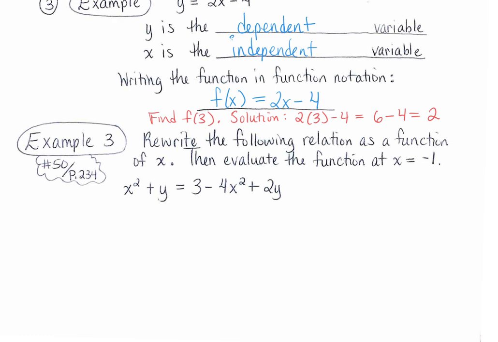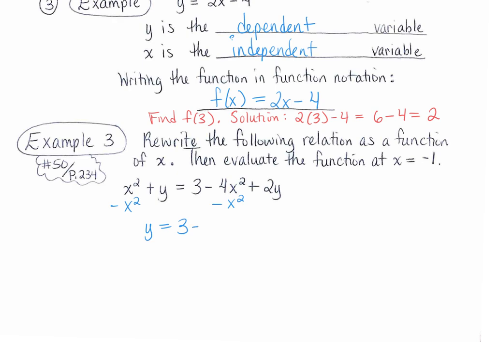Okay, so let's do that. You can bring everything to the left or right. You don't have to bring everything, but if you choose to, this is what you would do. We really want y by itself. Subtract x squared from both sides, yes? So that gives us y equals 3 minus 4x squared minus x squared is what?